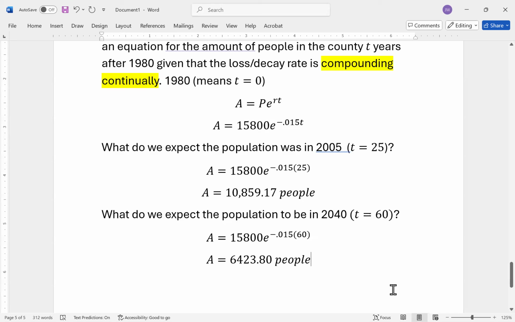Notice that 1.5% decline, again, from 1980 to 2005, that was a 5,000 reduction of people. Now going from 2005 to 2040, that's like 4,400 reduction in people. Let me do the calculations here.